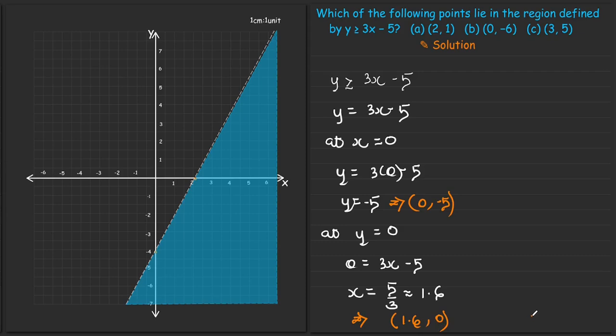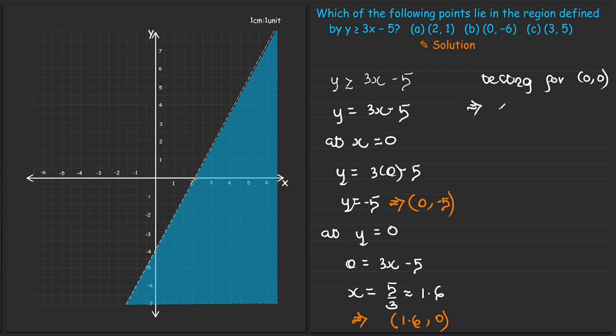So let's quickly go to our graph and plot this out. But before that, let's test for the origin, which is (0, 0).